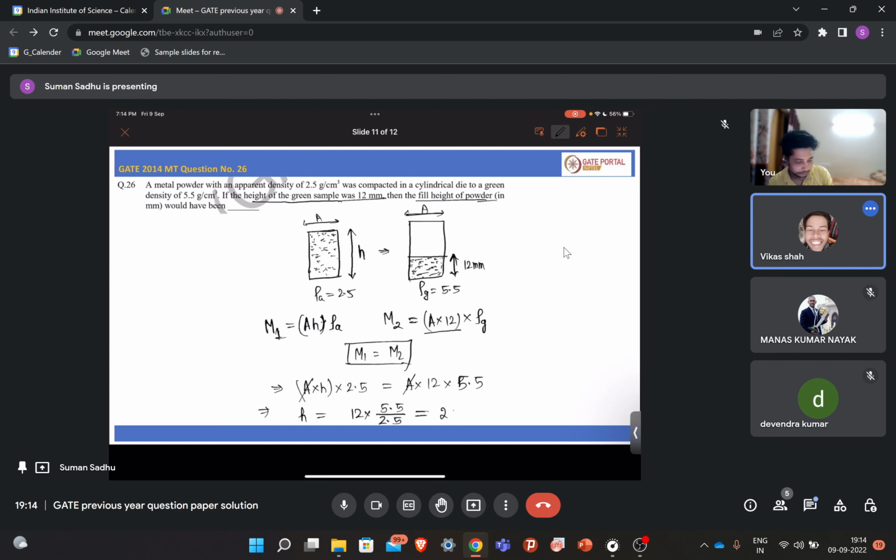Same value, sir. Yes, it is coming 26.4. So what will be the answer then? The fill height of the powder will be 26.4 millimeter.